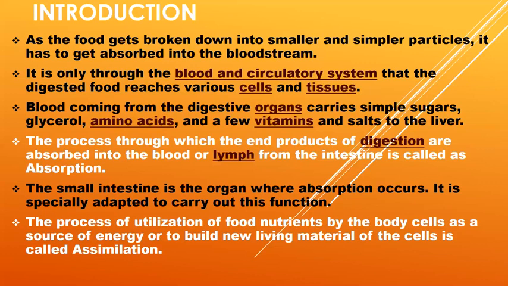It is specially adapted to carry out the process of absorption. The process of utilization of food nutrients by the body cells after absorption, as a source of energy or to build new living material of the cells, is called assimilation.